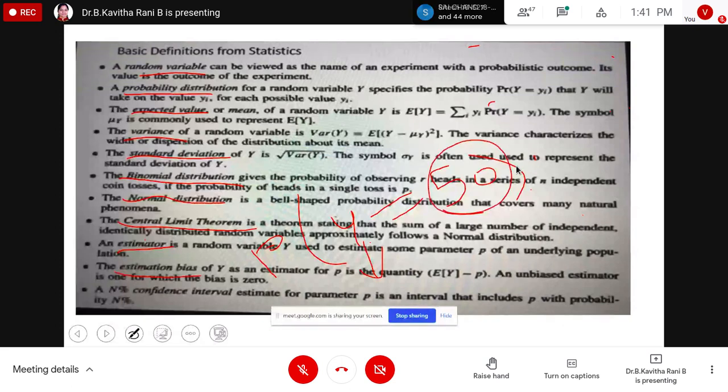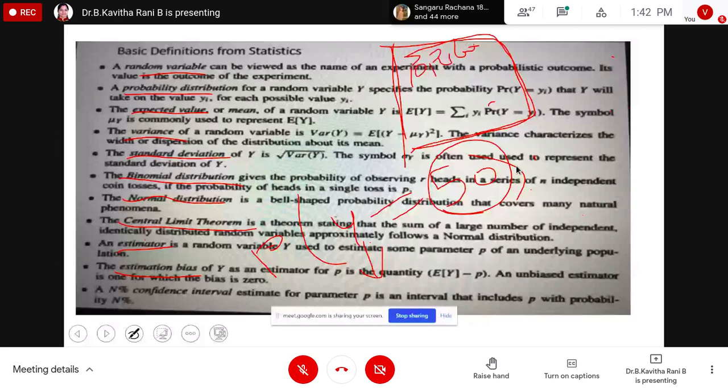So if you see here, in the previous class also I told you, we will have a data set. In that, this is the total data set, that is the population mean. This total data I call population data.